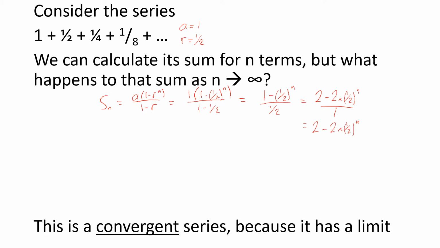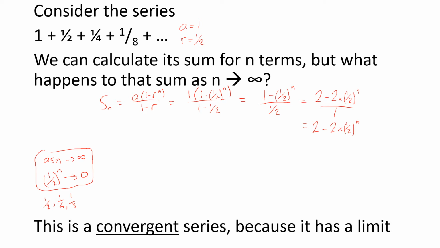Now, what's actually going to happen to this? As n tends to infinity, what happens to a half to the power of n? A half to the power of 1 is a half, to the power of 2 is a quarter, a half cubed is an eighth. It's actually getting smaller, and that process will continue. 1 over 2 to the n tends to 0 as n tends towards infinity; it gets very, very small.